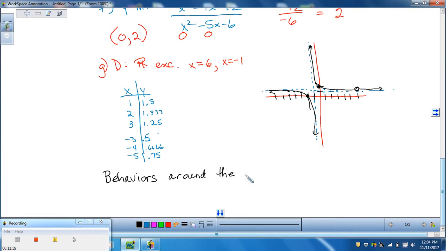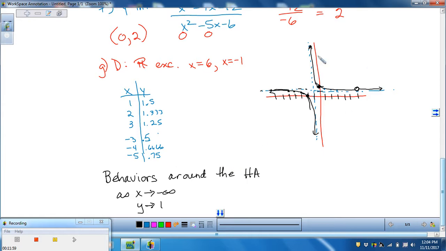Let's start with the horizontal asymptote. As x is approaching -infinity, we're going to the left, y is approaching the horizontal asymptote, which has a value of 1.